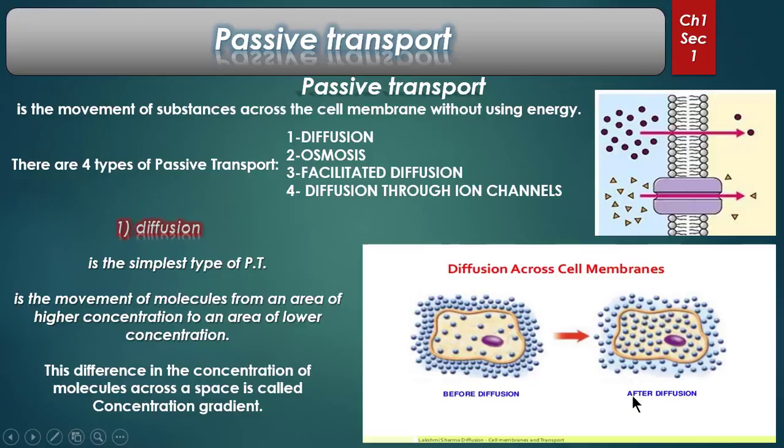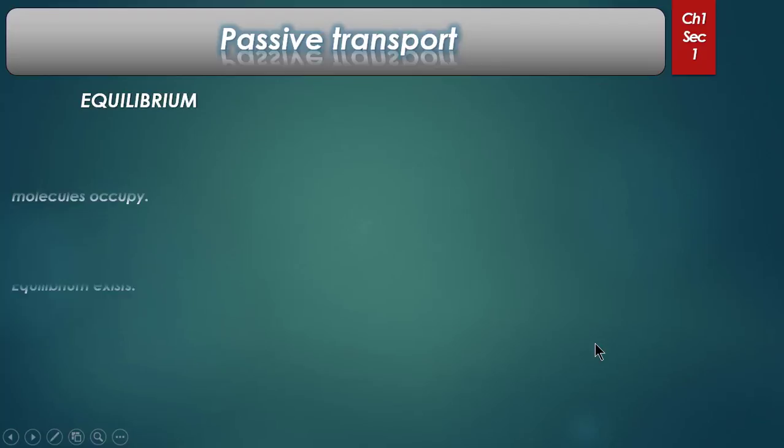But after diffusion starts and finishes, the molecules in the cell and the molecules out of the cell are the same. So here there is no concentration gradient, because they are the same. So what if they're both the same? We call that equilibrium.